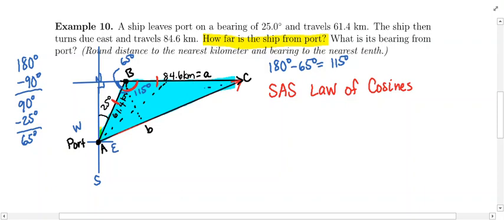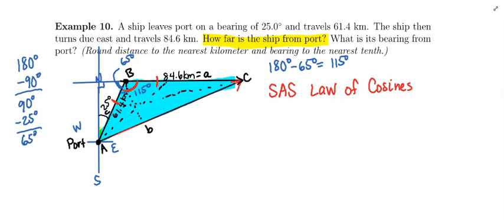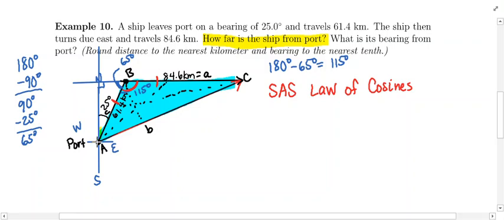And then if I draw across from angle C, that means that the length c is 61.4 kilometers. Okay, so we are trying to solve for this red vector. Okay, it's no longer red because I shaded the blue here, but we're looking for this red distance right here. Okay, that is our goal. Okay, so we need to find the measure of side b here.